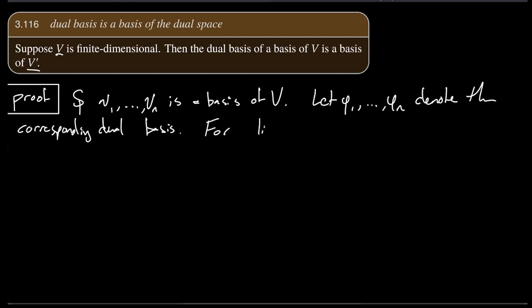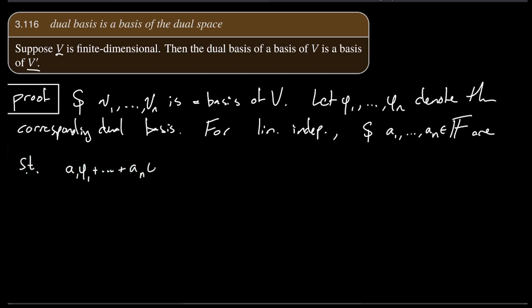For linear independence, suppose that a1 through an in the field are such that a1 phi 1 plus dot dot dot all the way down to an phi n is equal to 0. Think about this really quick.